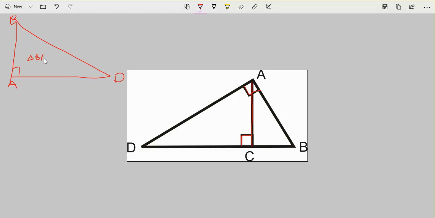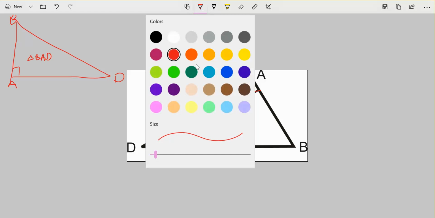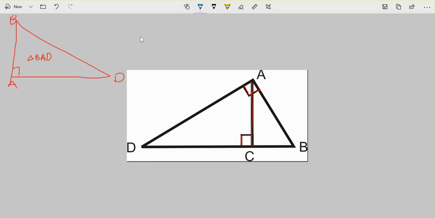Okay, so now I'm going to do the same thing. I'm going to draw my other two triangles and make them look the same, because if I can make them look the same, then it's really easy to see what I need to do from there. So I'm going to draw the second one here. Again, I'm going to put that right angle in the lower left corner, and then the longer side down at the bottom.